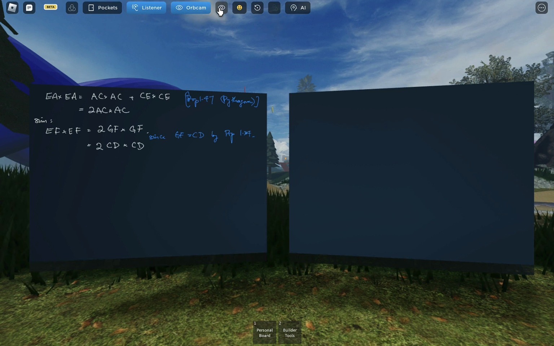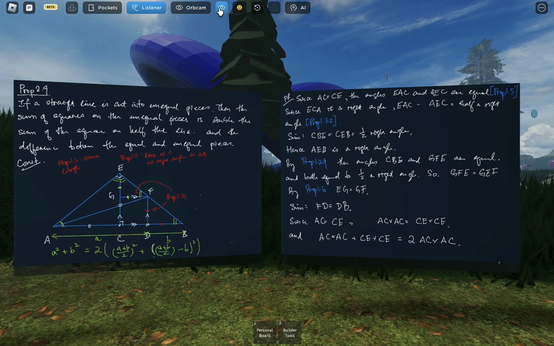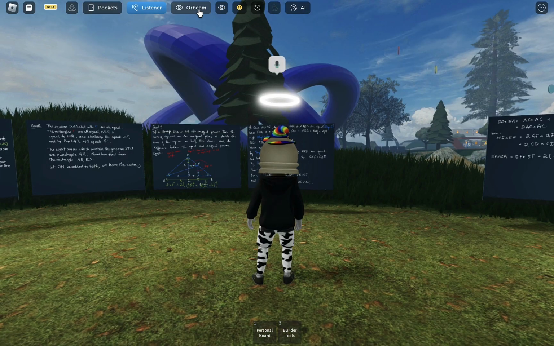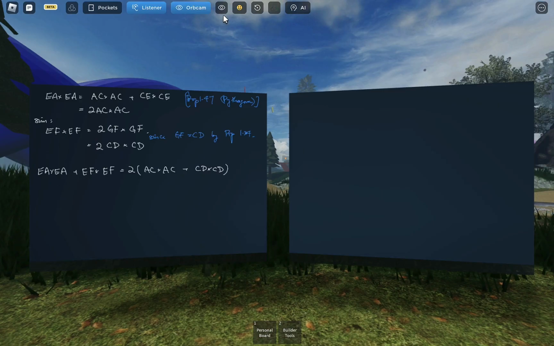So that's how this goes. And so more algebra, we're almost there. Now we're going to add them up, right? EA cross EA plus EF cross EF. We add them up, we're going to get 2 times AC cross AC plus CD cross CD. Okay, and now we're going to apply Pythagoras again, to a different triangle this time.